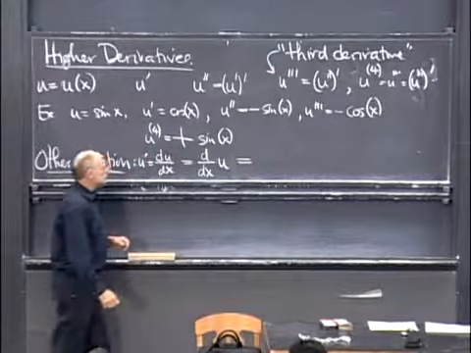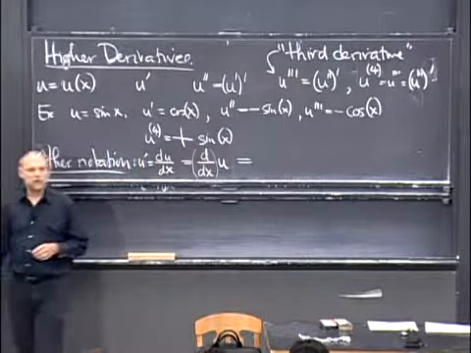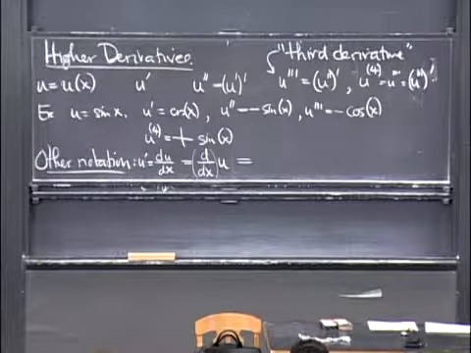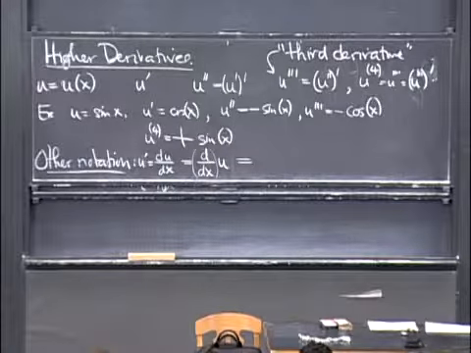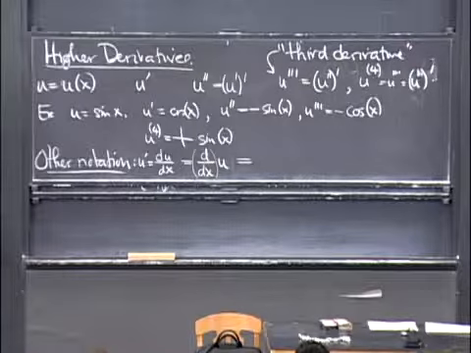But what it's doing is regarding this notation as an operator. It's something that you apply to a function to get a new function. I apply it to the sine function and I get the cosine function. I apply it to x squared and I get 2x.